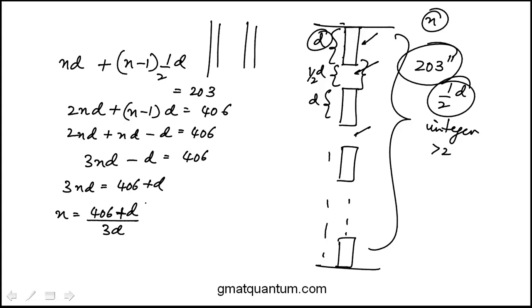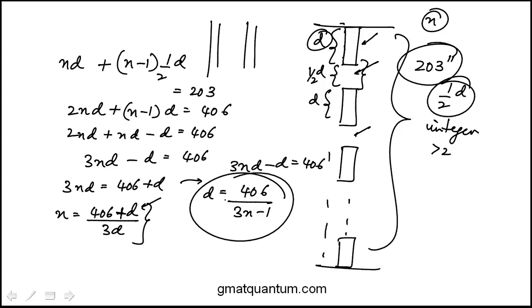At least I can't see anything that would help me to assign values of d that would give me n to be an integer. I think it's harder. Whereas what's easier is if you isolate d. Then I factor out a d, and you'll end up with 3n minus 1. This is an easier structure to deal with.